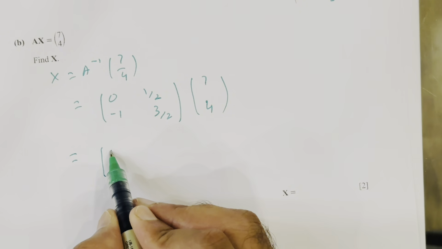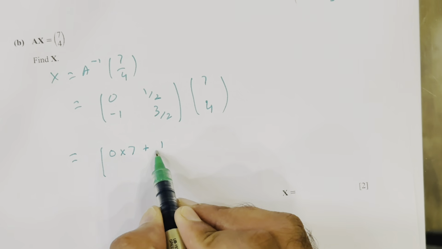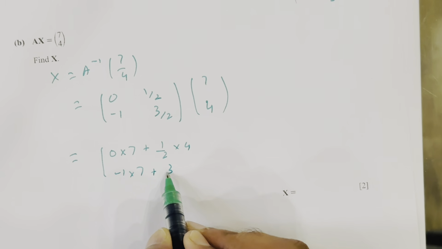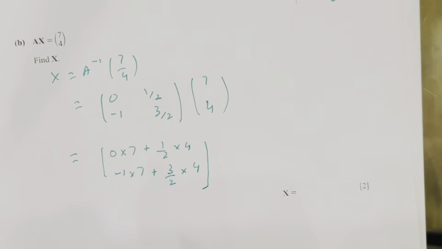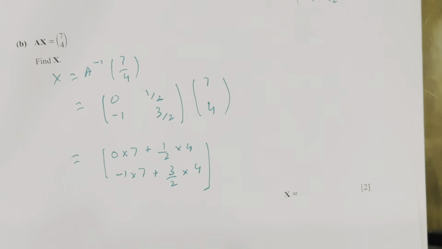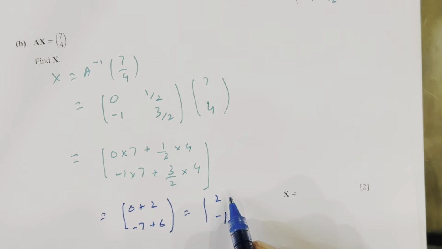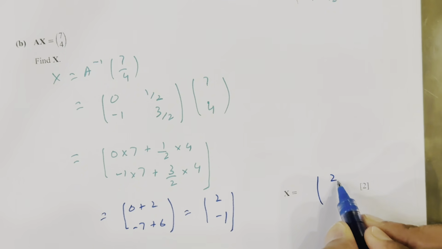It would be like that: 0 into 7 plus 1 by 2 into 4, and minus 1 into 7 plus 3 by 2 into 4. After solving it, you get the value 0 plus 2 and minus 7 plus 6, and it would be 2, minus 1. So our answer would be (2, minus 1).